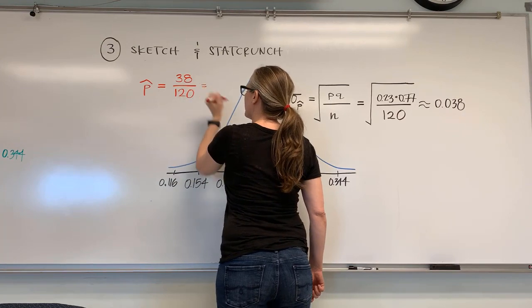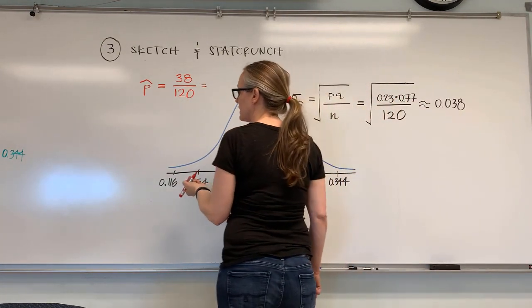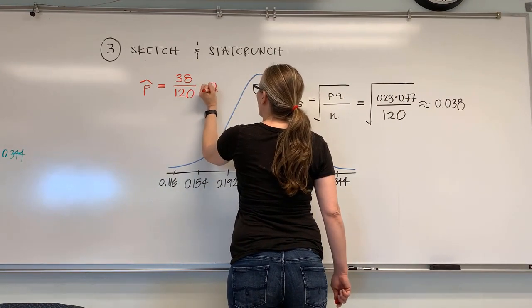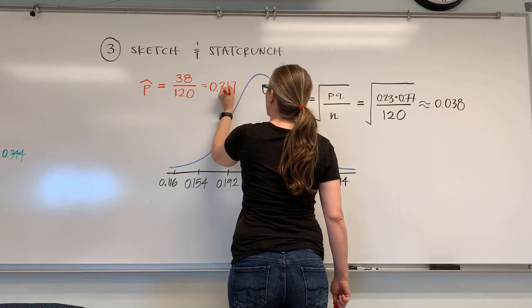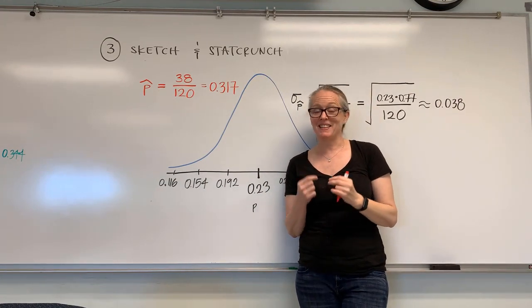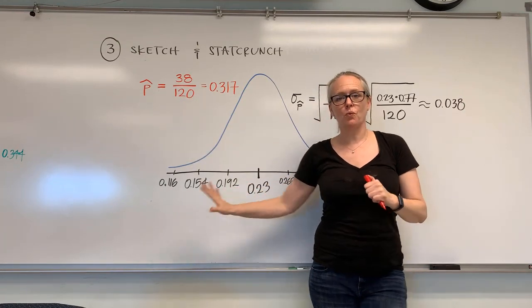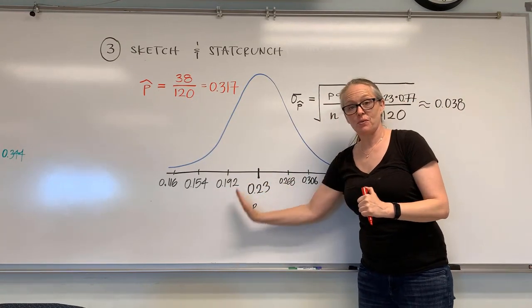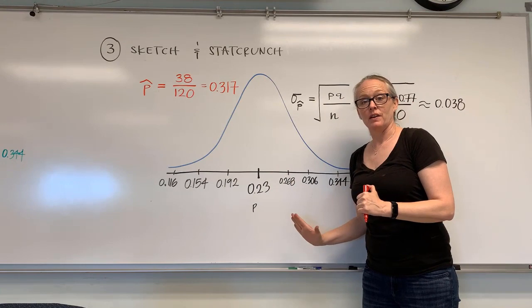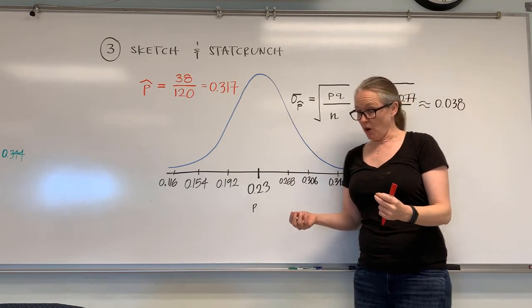And again, dividing that out with my handy scientific calculator, I would get 0.317. This is what they observed on their roadways. This is their evidence. So let's see how this evidence fits into a world where 0.23 or 23% is the proportion that have cell phone use involved.